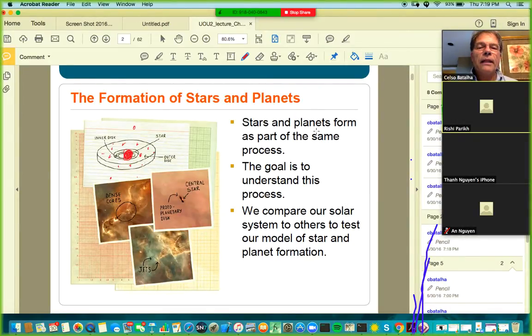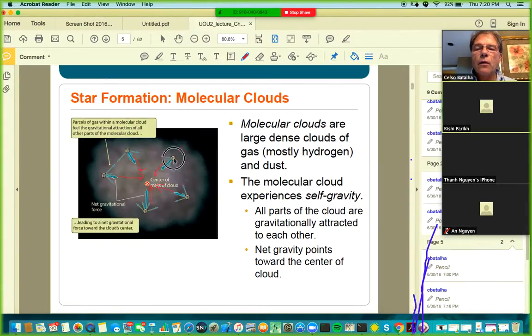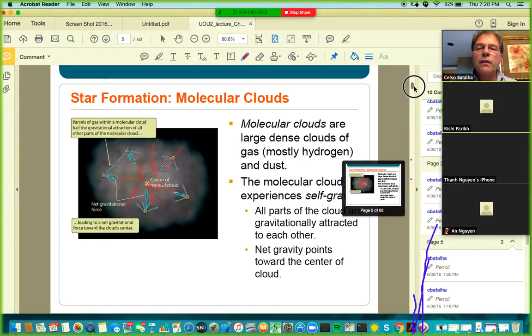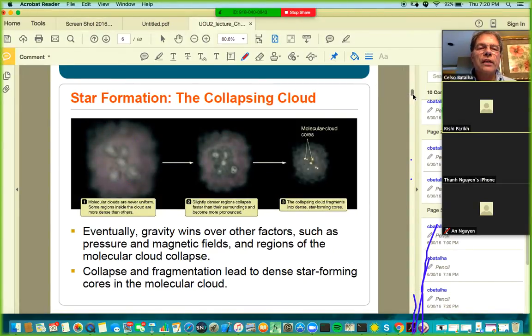So stars and planets form as part of the same process. Stars are formed because the gas collapses and contracts toward the central part. And planets are formed because of this disk that is formed as a result of rotation.